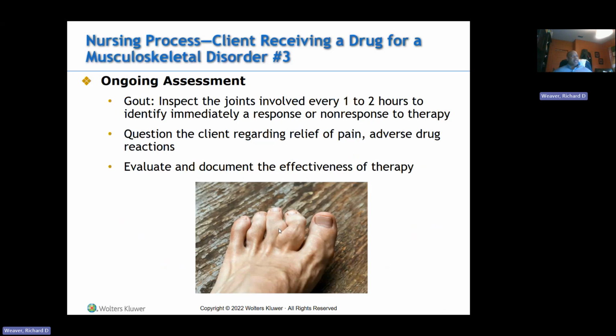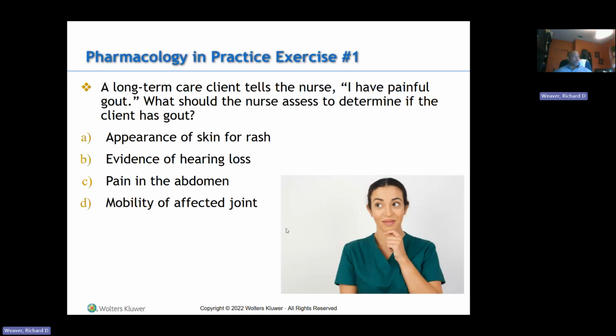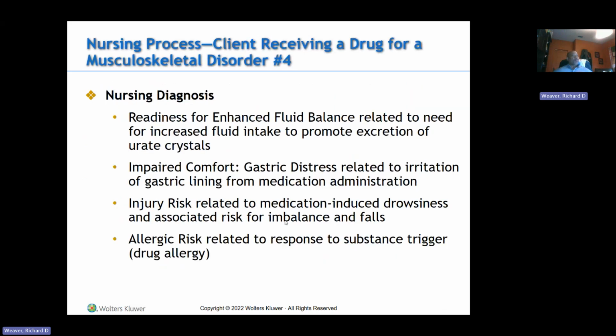Let's see, ongoing assessment, gout: inspect the joints involved every 1 to 2 hours to identify immediately a response or a non-response to treatment. Question the client regarding relief of pain, adverse reactions, and so forth. These are the important nursing diagnoses.